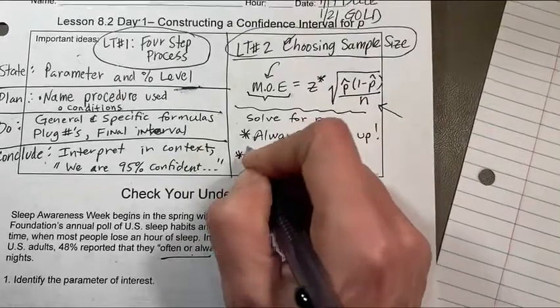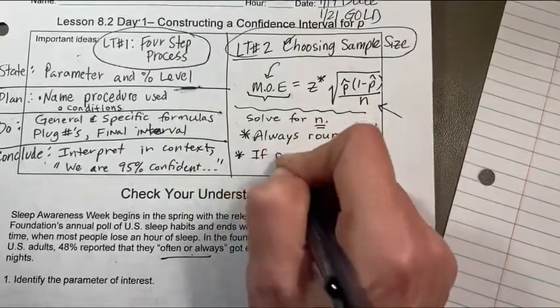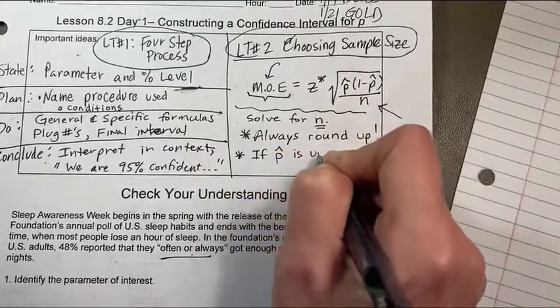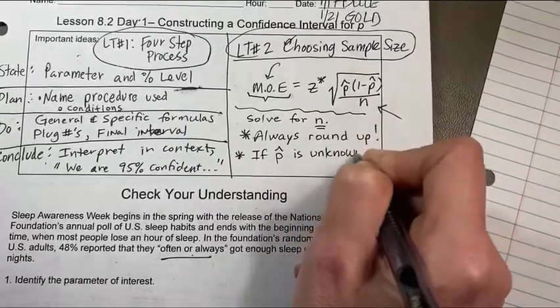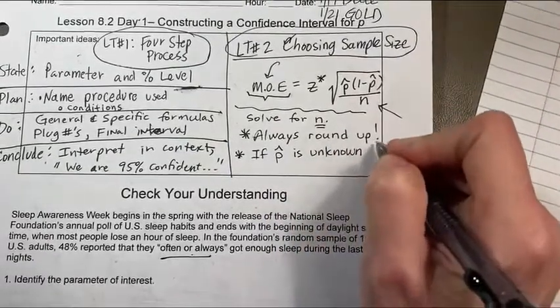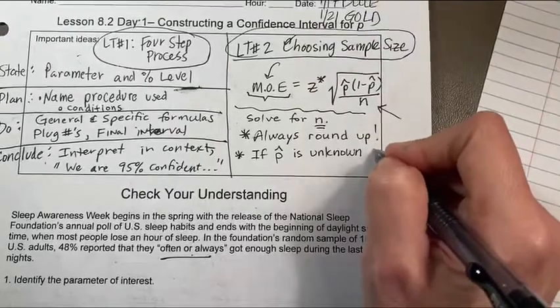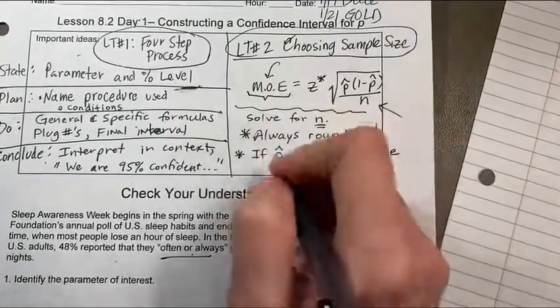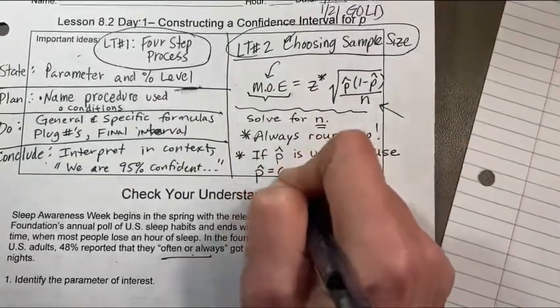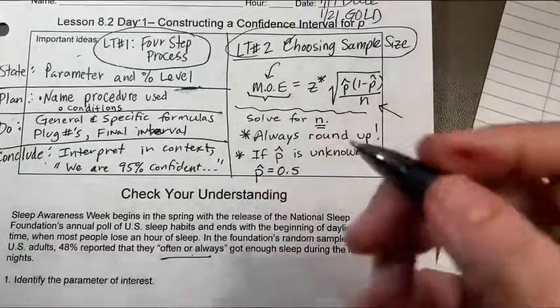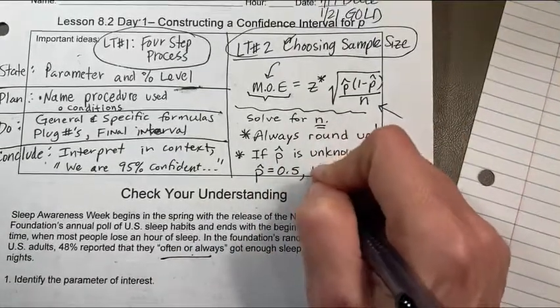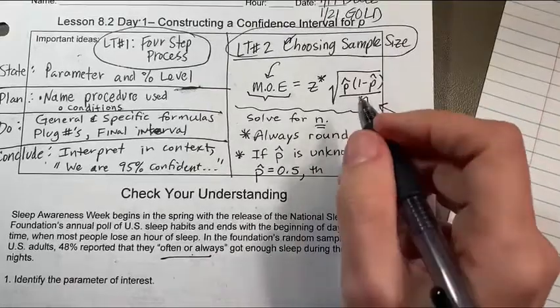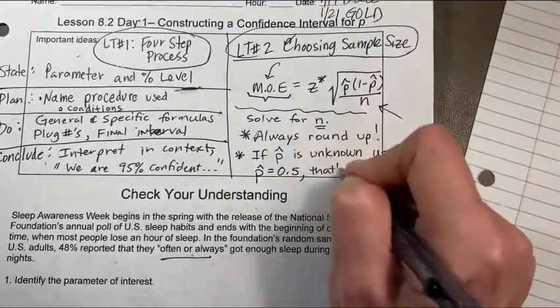What else? If p is unknown, and a lot of times it is unknown, then if it's totally unknown and you have no idea, we're going to use by default p hat of 0.5 or 1/2. Once again, this would produce the biggest number of n, and that would be the most conservative.